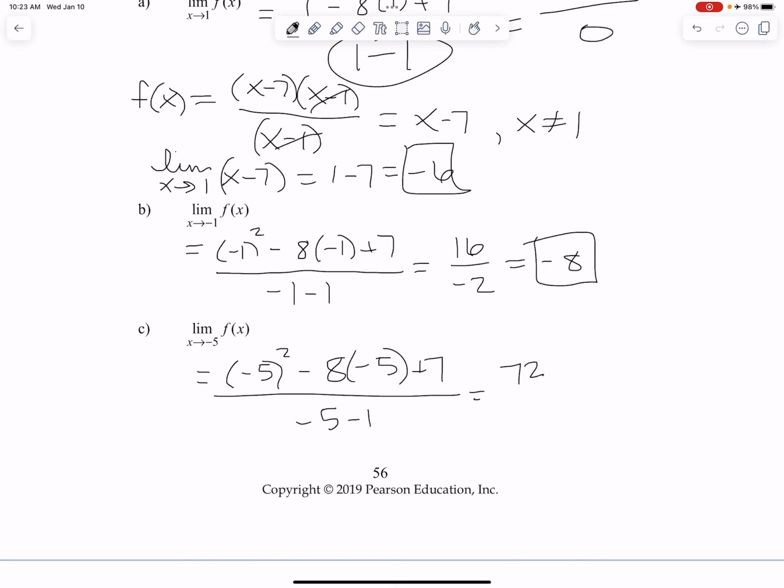We'll have 72 over -6, reducing to -12. All right.